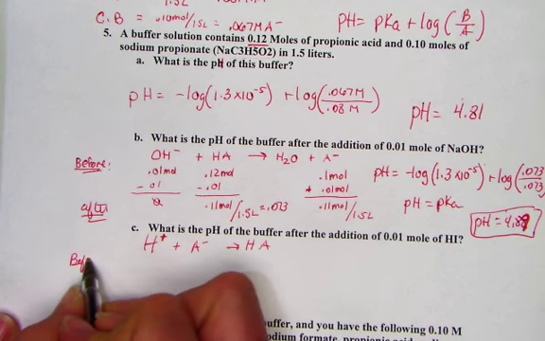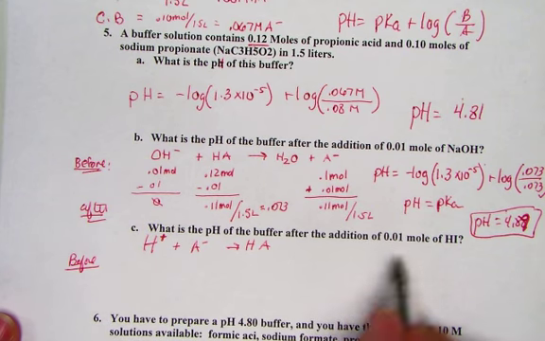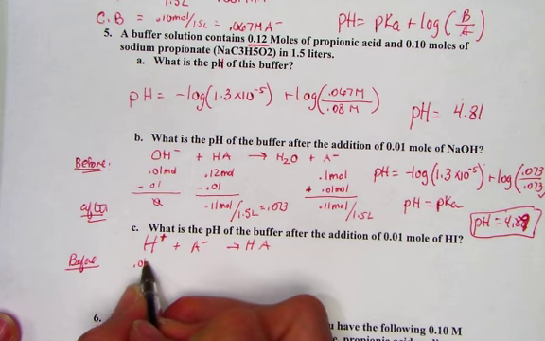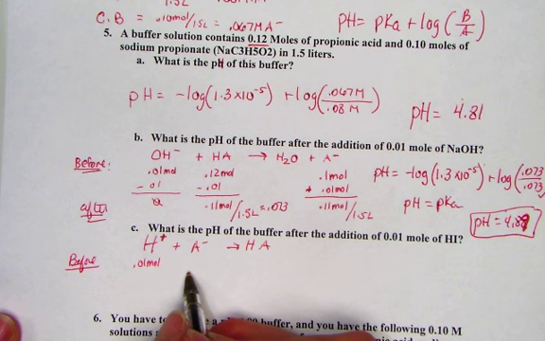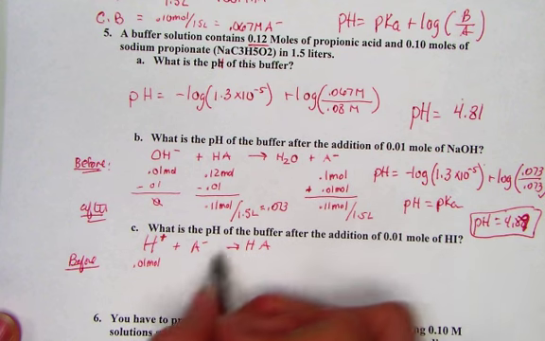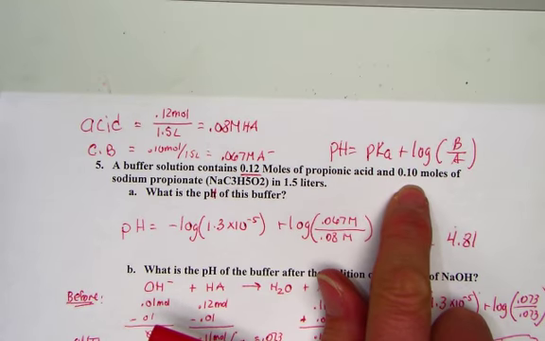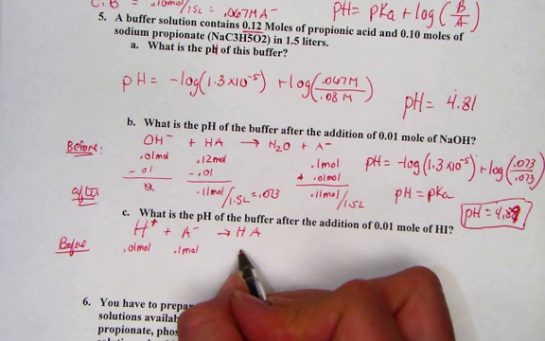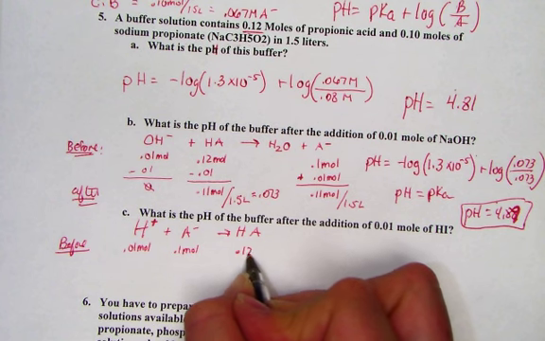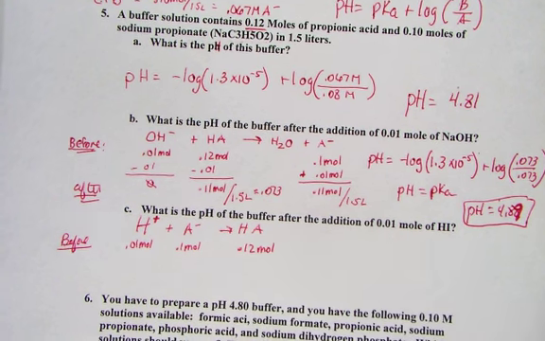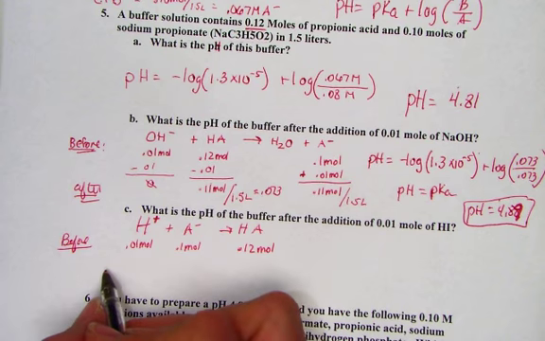So here's what we know. Before the reaction, we had 0.01 moles of the hydrogen ion, and the conjugate base was 0.1 mole. See how I'm pulling that from way up here? 0.1 mole of sodium propionate. And before the reaction, we had 0.12 moles of the acid, HA. Reactants get used and products get made.